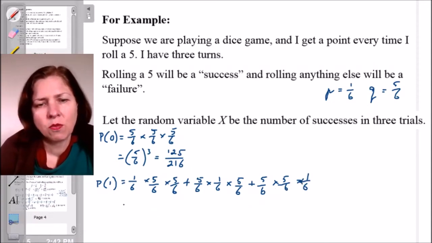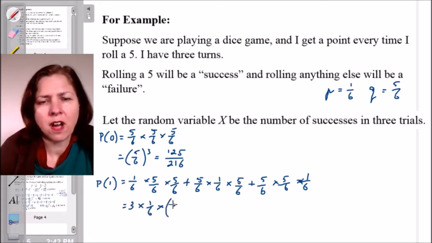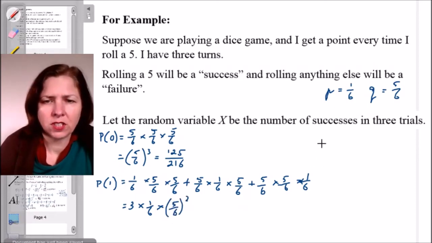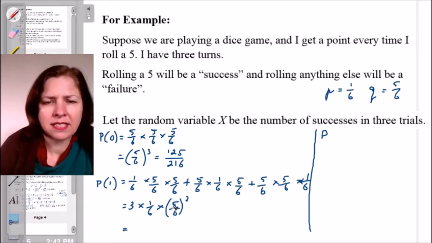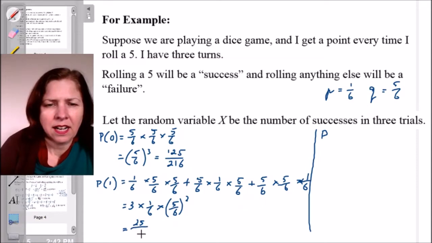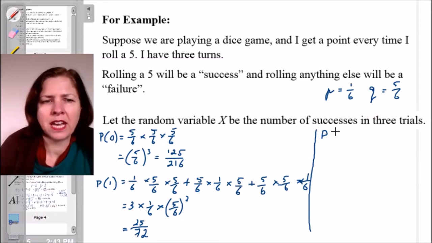Obviously, what I've got here is 3 lots of 1/6 times 5/6 squared. Okay? All right. What about the probability of getting 2? Oh, I didn't say what that equals. That's going to be 25 over 72.